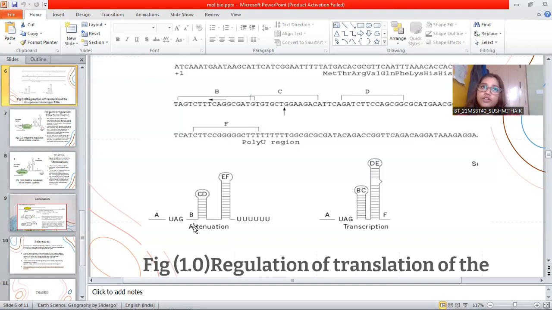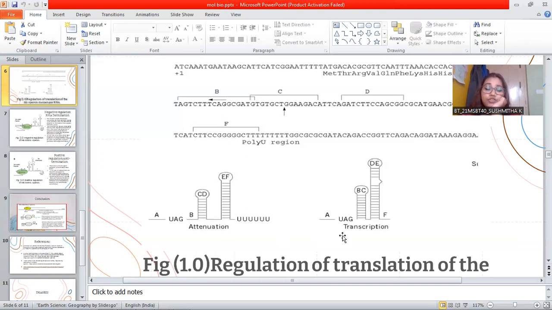Till there, if the ribosome comes and synthesizes the histidine, then it forms a loop at C and D, and then again a loop at E and F, which causes the poly U to occur, which terminates the entire process. This is called attenuation.